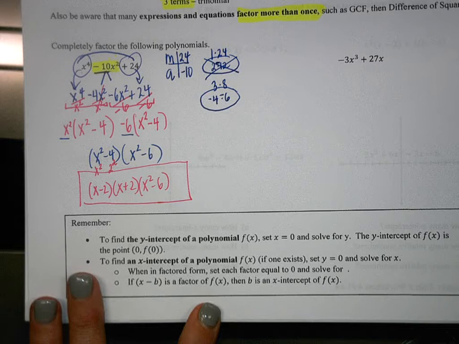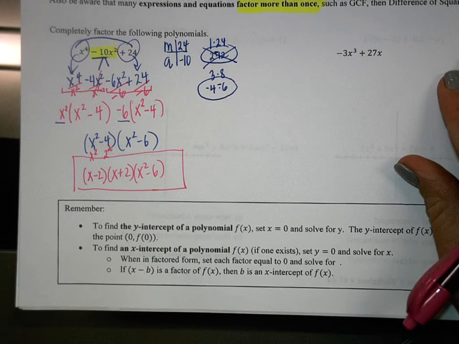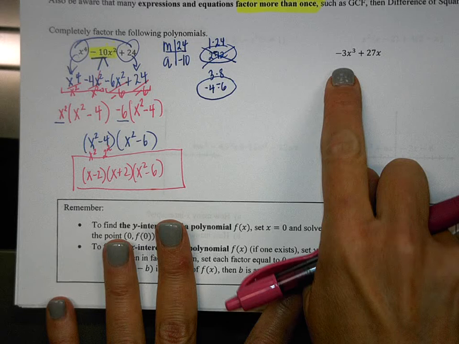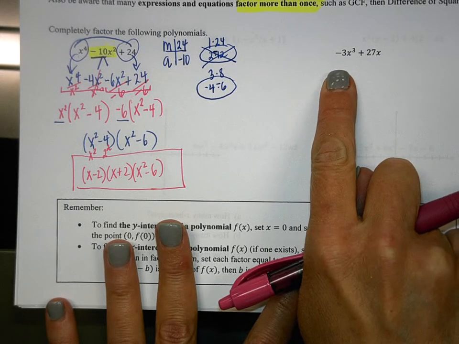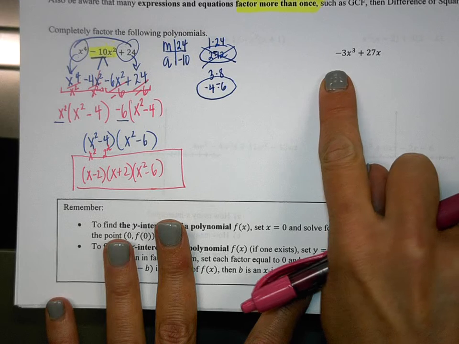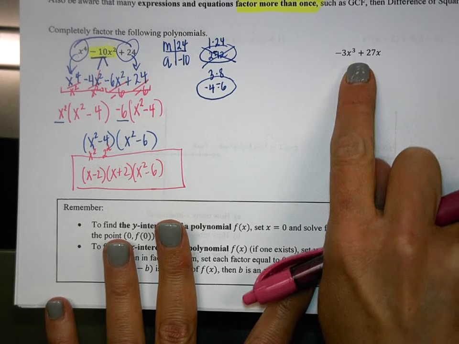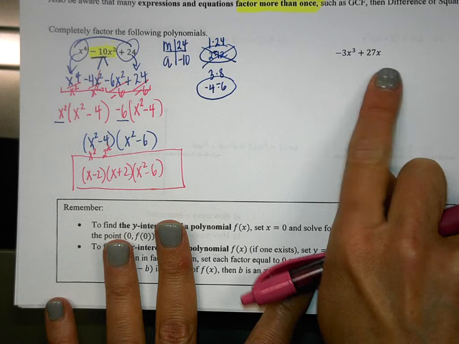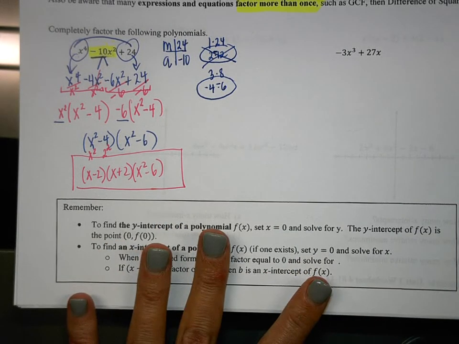Okay. So let's go to this next example. Anytime you have a negative in front of your highest exponent, you want to factor out a negative for sure, because we want our highest exponent term to always be positive. Also, if you notice here, do I have anything else besides a negative that would be a GCF I could factor out?